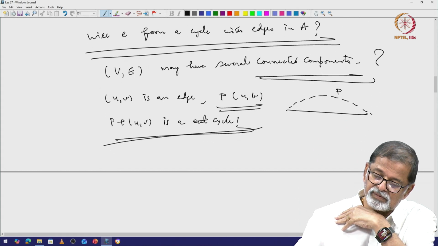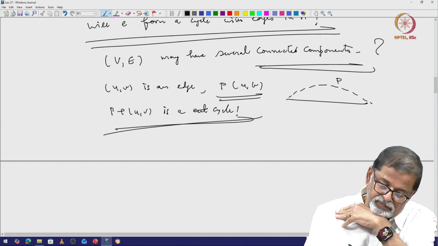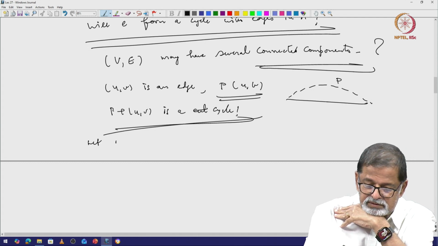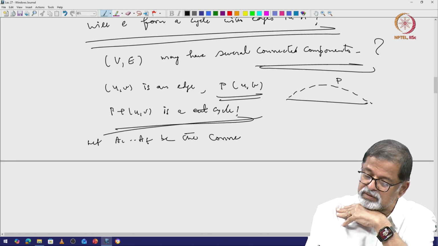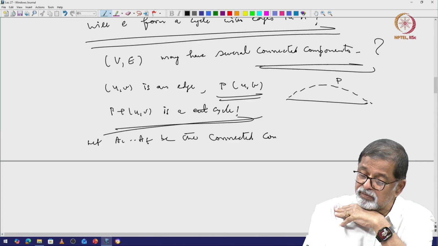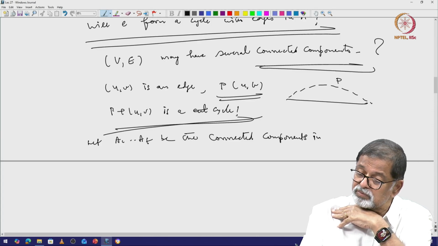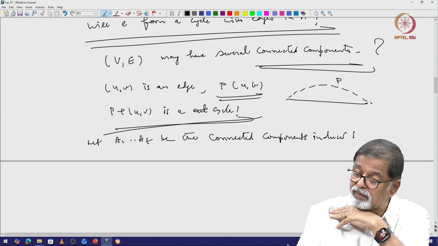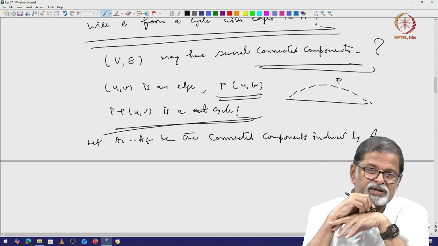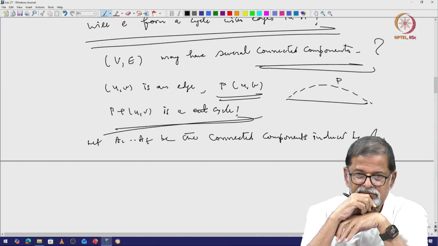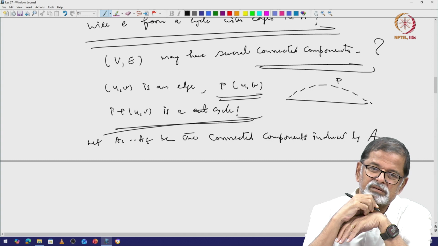That is, let A1, A2, ..., AT be the connected components induced by A. Suppose A is defining the connected components.